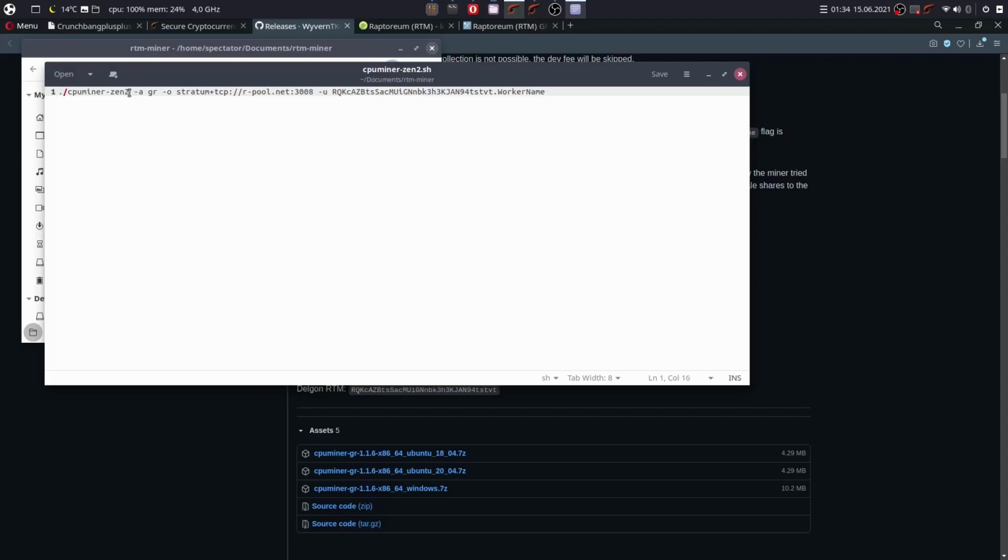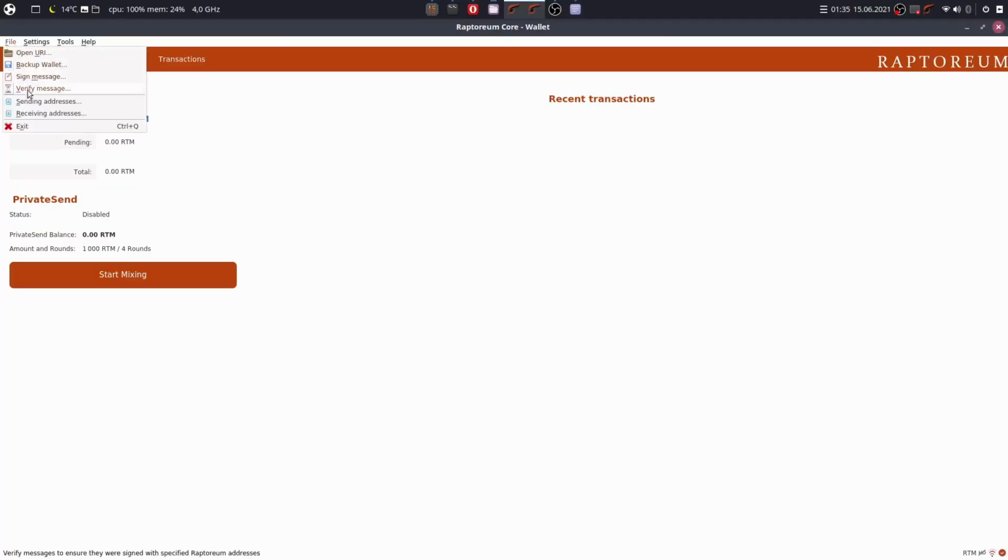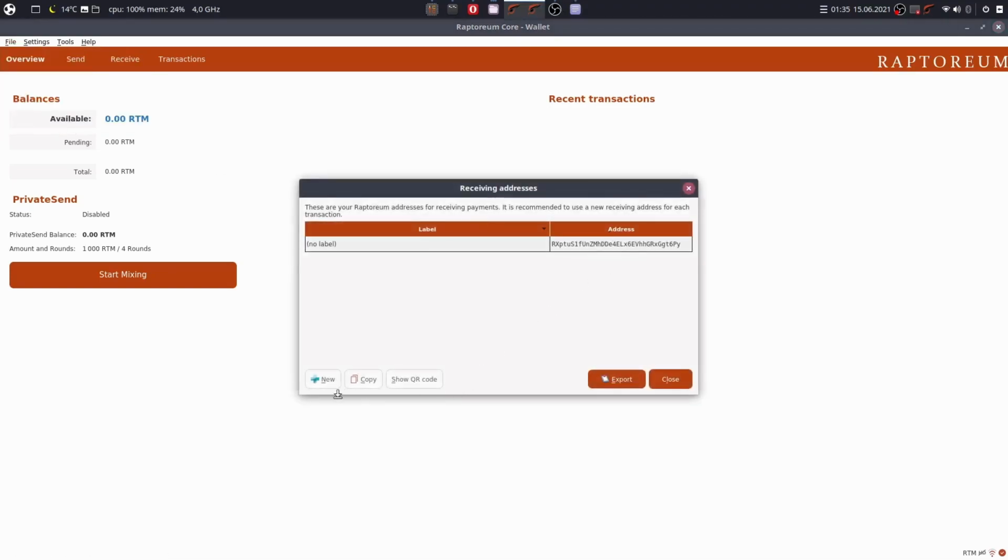Okay, so we have the name of the executable file, name of the algorithm, address of the pool. Community recommends airpool as a really good pool for Raptoreum, and here we have to give our wallet address, the receiving address.